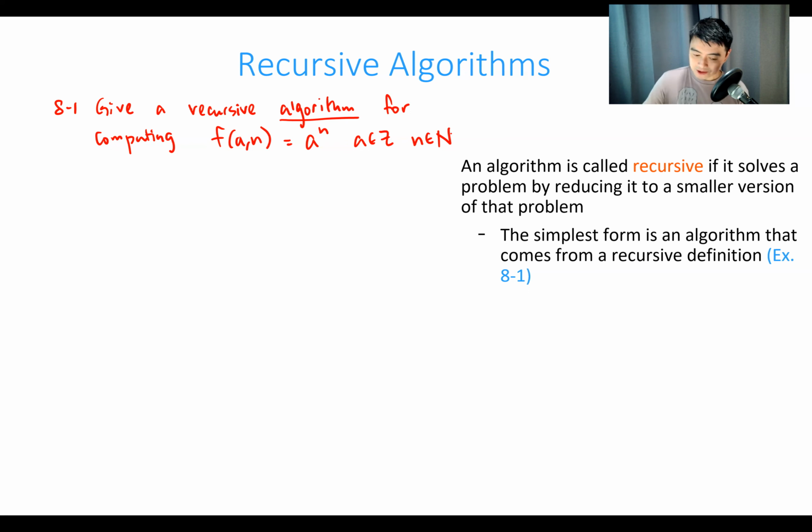Now, the short answer is that if we want a recursive definition, only one of these variables has to have a smallest value. If you consider a, is there a smallest value for a? No, it doesn't. What about n? Well, n, yes, it does have a smallest value, that the smallest value is 0. So we can start with n and we can say, given n is the smallest value, what is the value of this function?